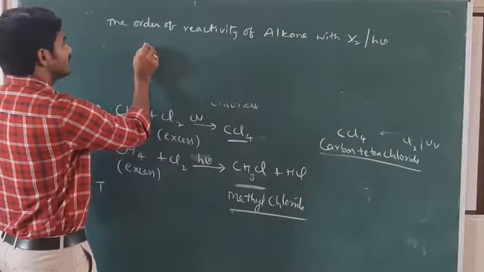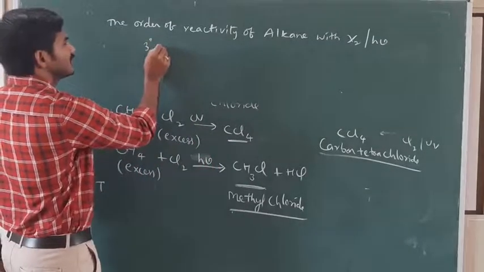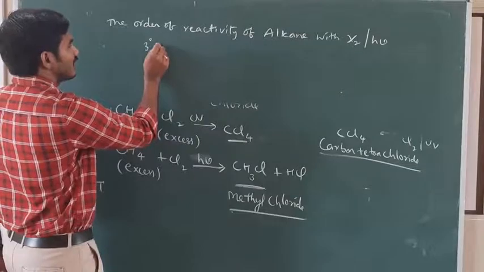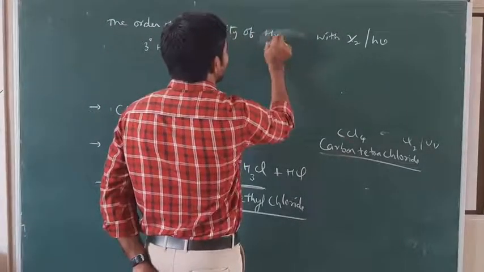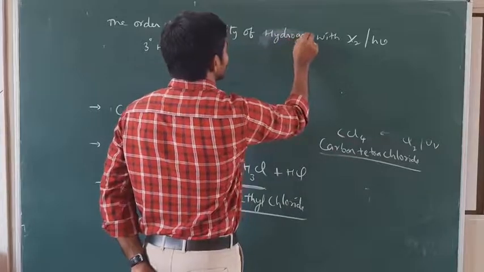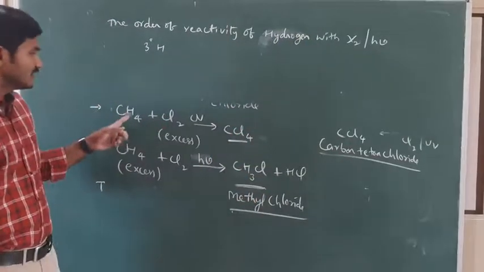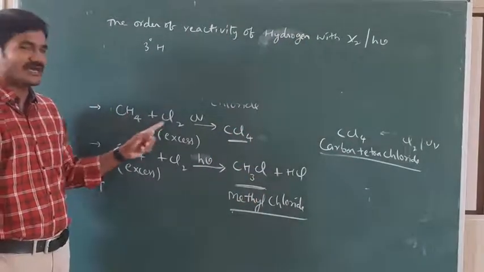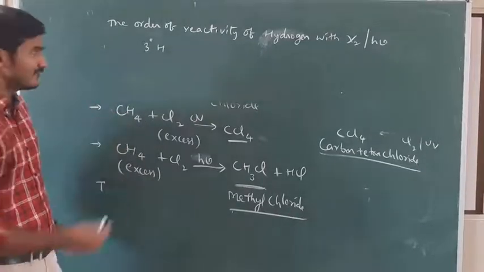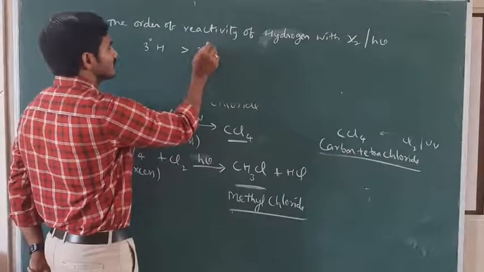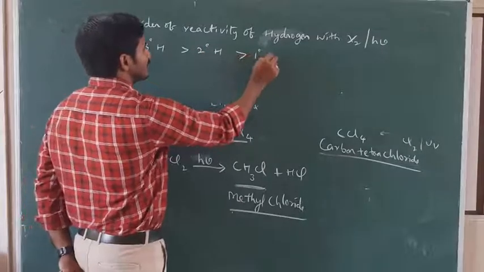The order is tertiary hydrogen. The order of reactivity of hydrogen. Why am I writing hydrogen here? Because some hydrogens we are replacing with halogen. There are different types of hydrogen. Tertiary hydrogen is more reactive than secondary hydrogen, then primary hydrogen.